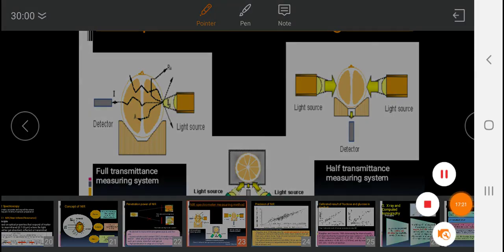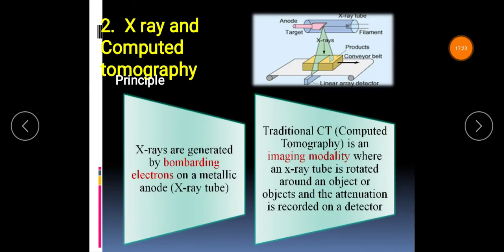Okay. Then X-ray and computed tomography. We regularly use X-ray for checking damage in bones. We cannot see bones with our eyes directly through the skin, but with X-ray and computed tomography we can see the structure of the bone.